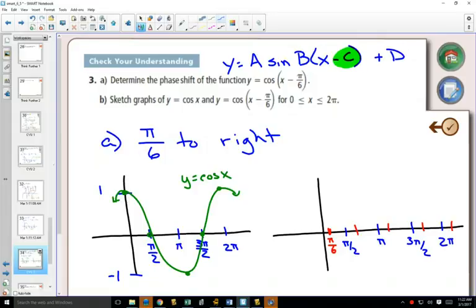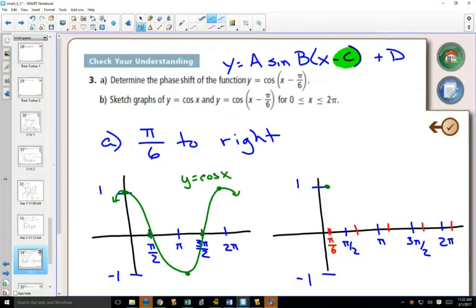Where does a cos graph start? Again, our amplitude is still 1, so it's going to go up to 1 and down to -1. And so this phase shift is just going to change where our starting value is. And our starting value is now at a maximum, but pi over 6 to the right.